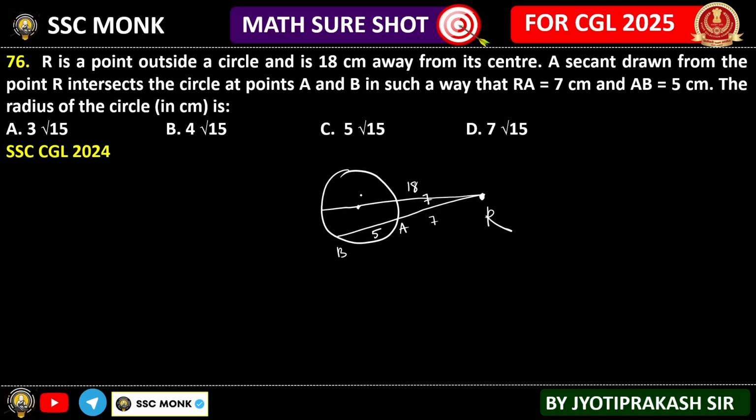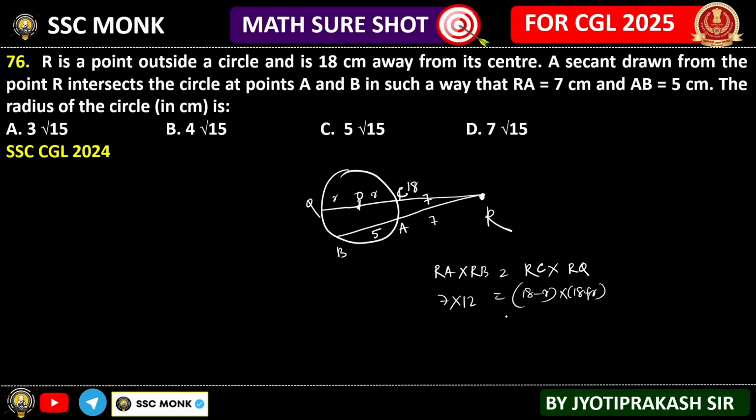If I extend this, let's say this is O, this is Q. So I can write RA into RB is equal to RC into RQ, where this point is C. Yes or no? Yes. From this point to this point is 18, so this much distance is equal to 18 minus r, and the total distance will be 18 plus r, which is equal to RA 7 into 12, that is 84.